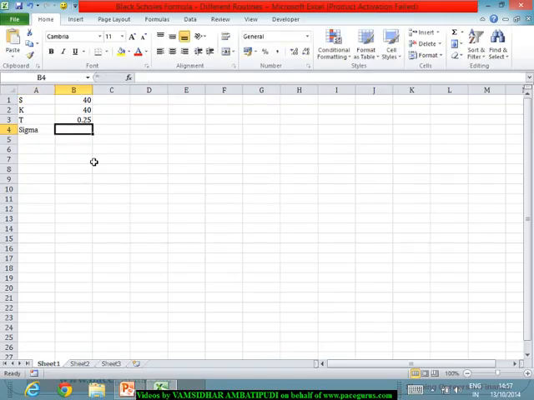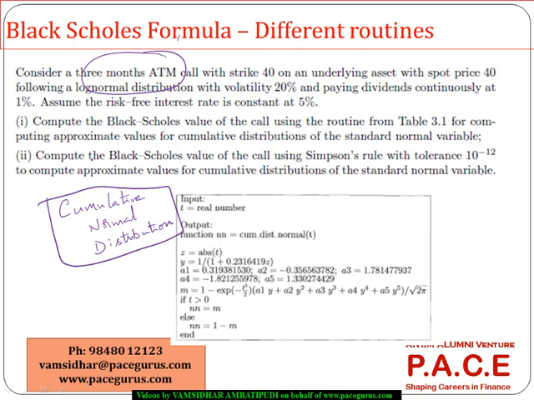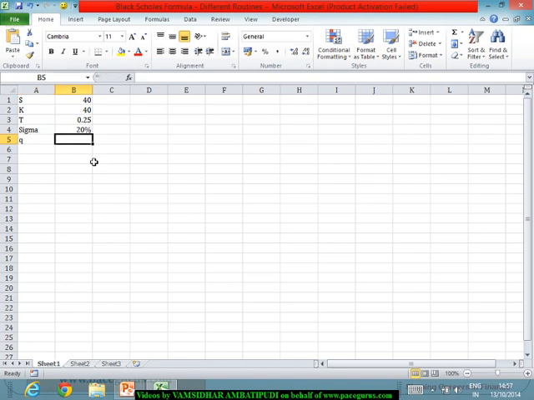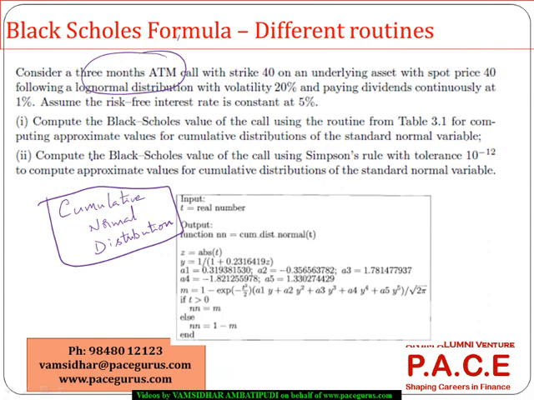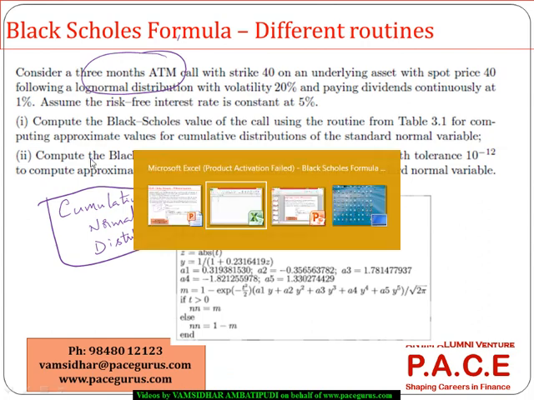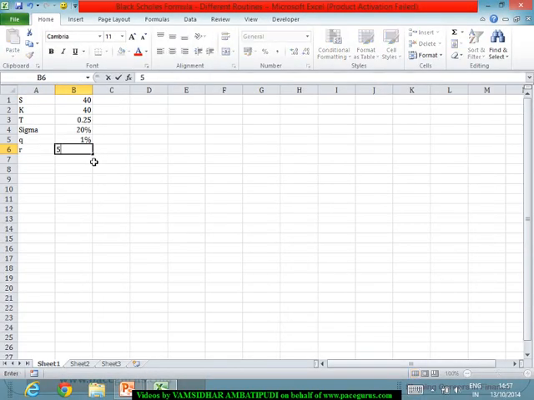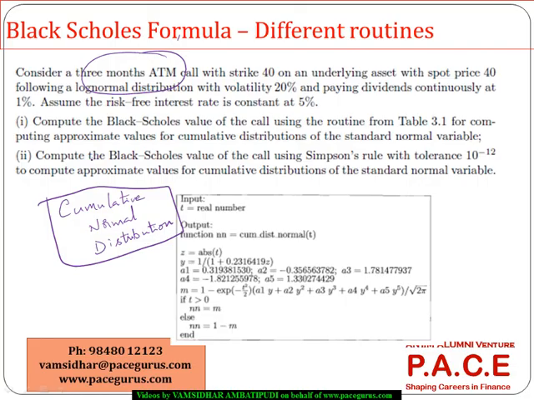The volatility sigma is being taken as 20%. It's paying dividend continuously at the rate of 1%. So I can take Q, which is the continuous rate of dividend, at 1%. And risk-free rate of return, I'll take it at a constant 5%. Fair enough.